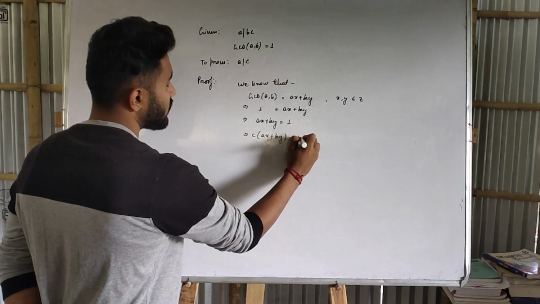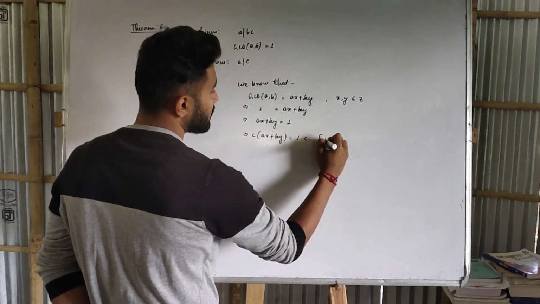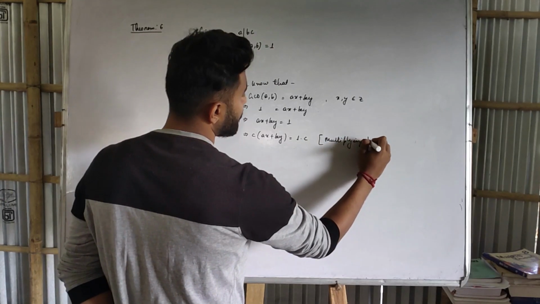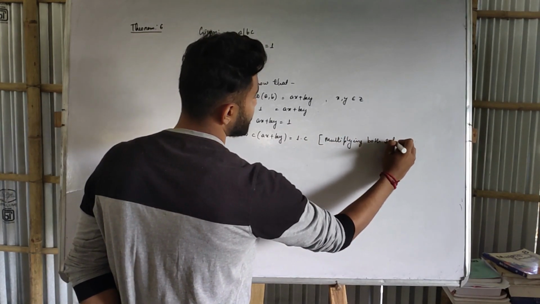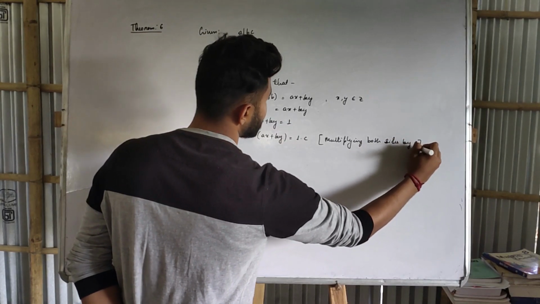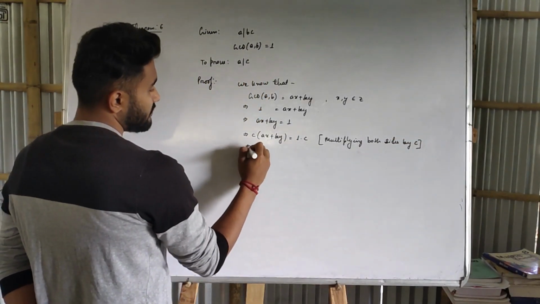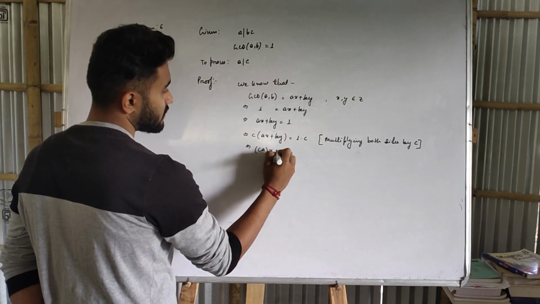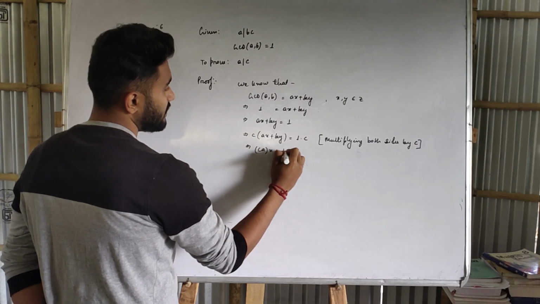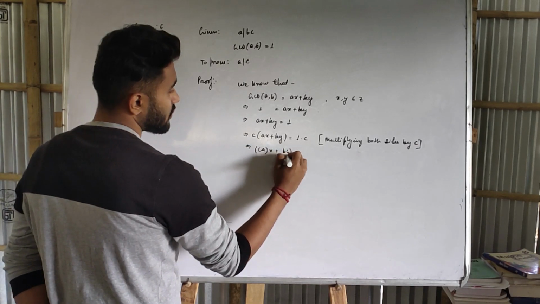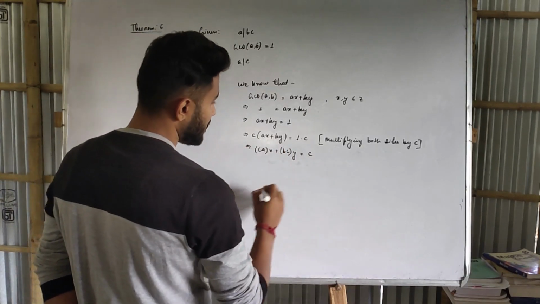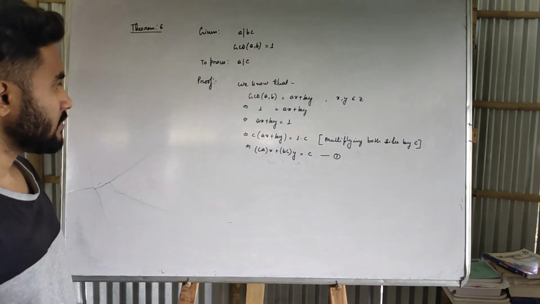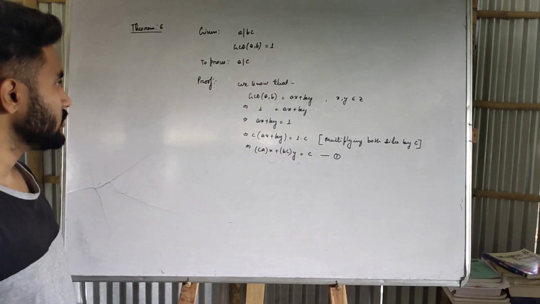That is 1 into C. Multiplying both sides by C, this will be CAX, this will be BCY, and 1 times C is just C. So CAX plus BCY is equal to C, and say this is equation 1.